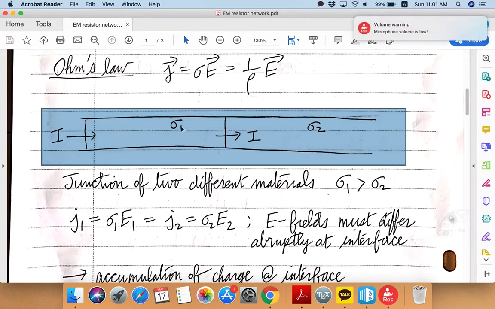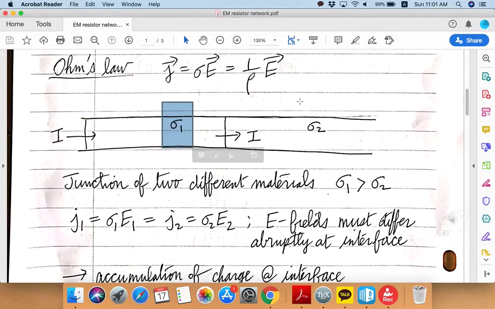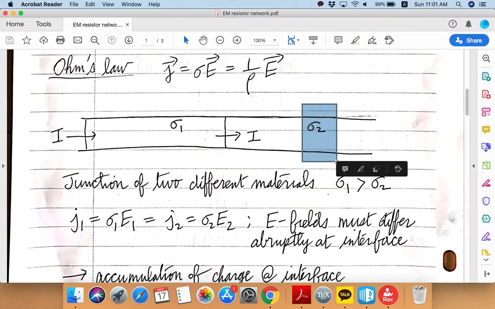However, one half of the wire has one conductivity value, sigma 1, and the other half has another conductivity, sigma 2, because these two halves consist of different materials, for example, copper over here and gold over there or something like that.